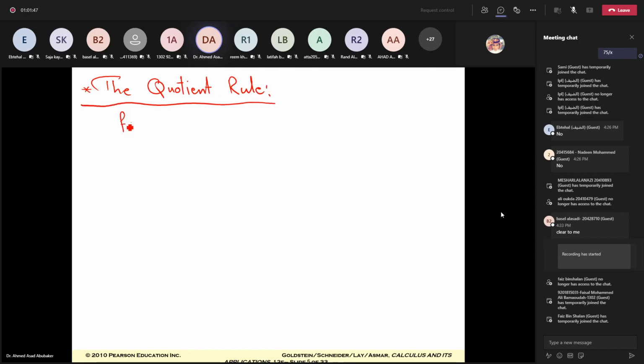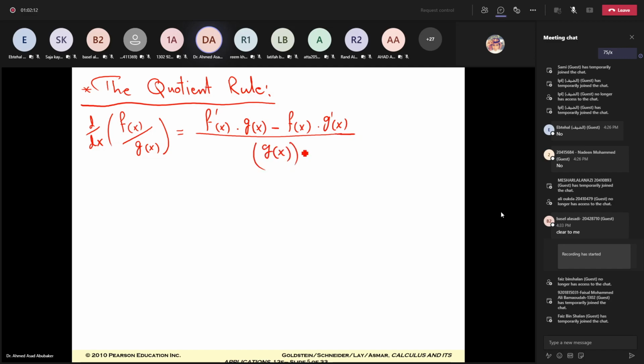If we have f of x over g of x and we need to find d over dx, this equals the f prime multiplied by g, minus f of x multiplied by g prime, over g of x squared.